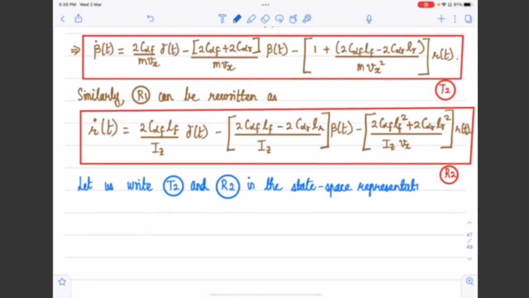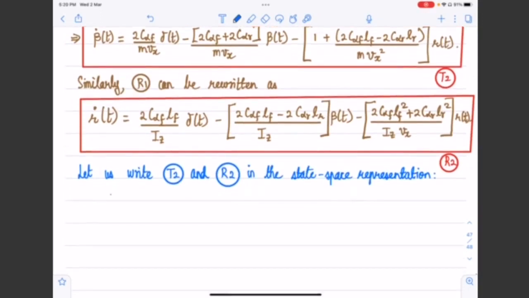All right, so let's try to do this, and we will see what happens. If we write T2 and R2 in the state space representation, x of t, let's say we call that the state vector. If you recall, in the state space representation we need to write x dot equals Ax plus Bu.